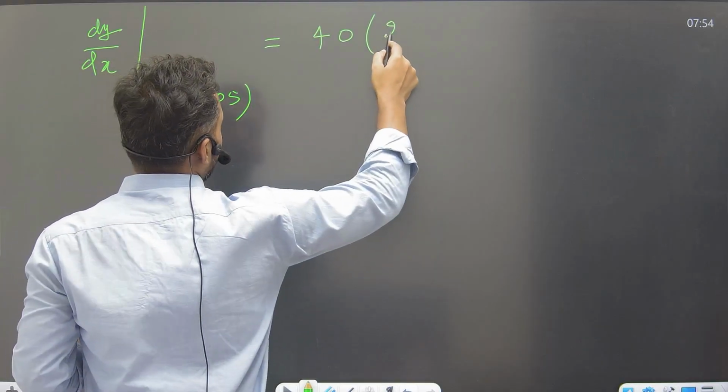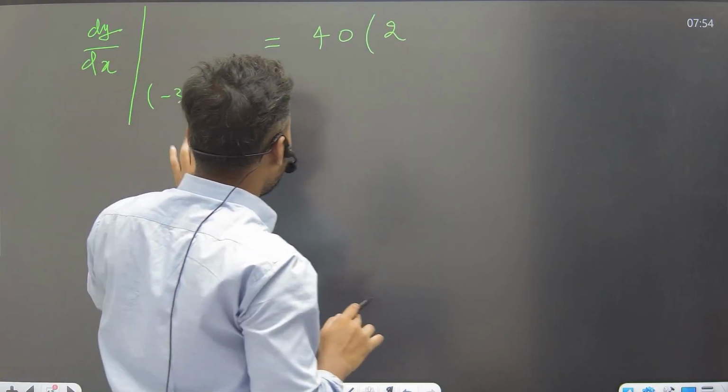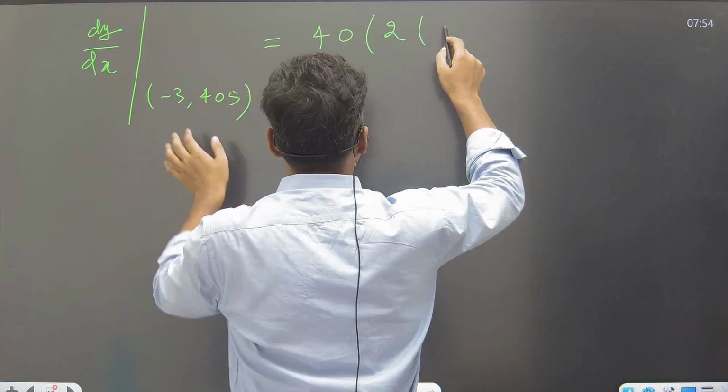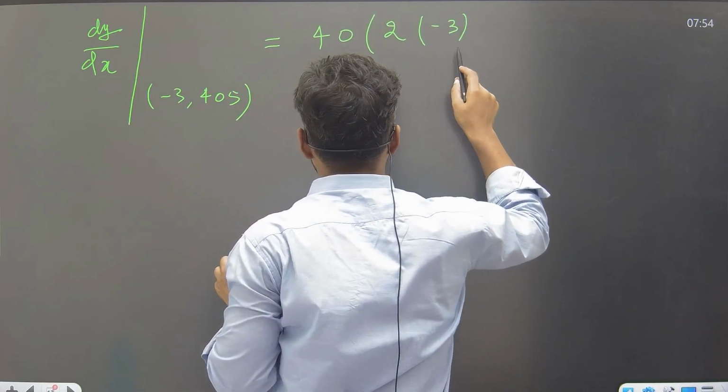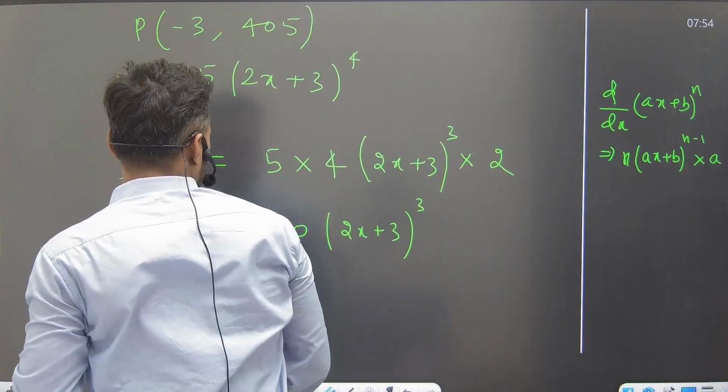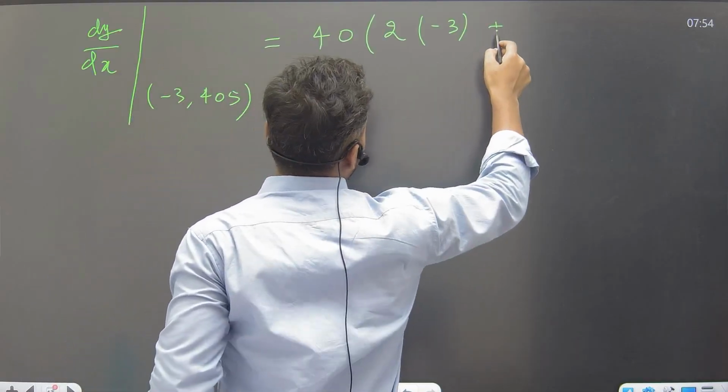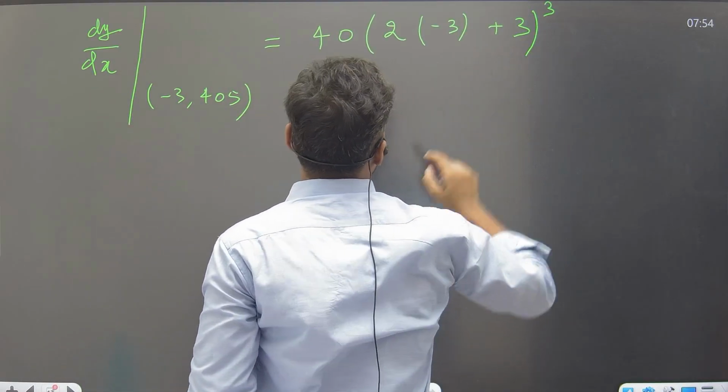So in place of x, what we need to plug in? We need to plug in the value of x from this coordinate. So 2 cross of negative 3 plus 3, raised to the power 3.